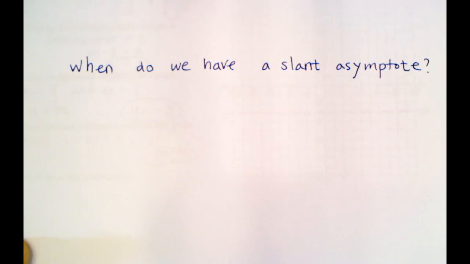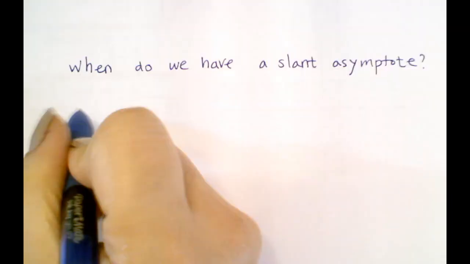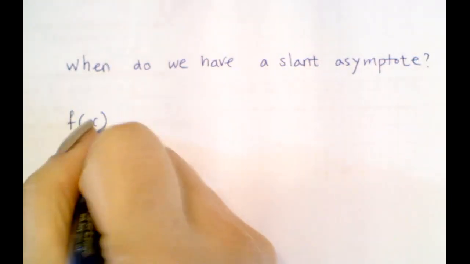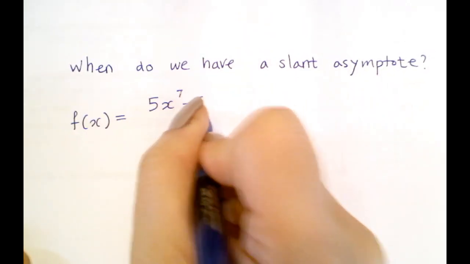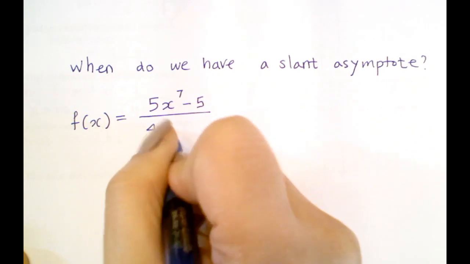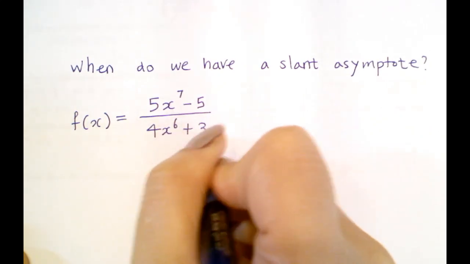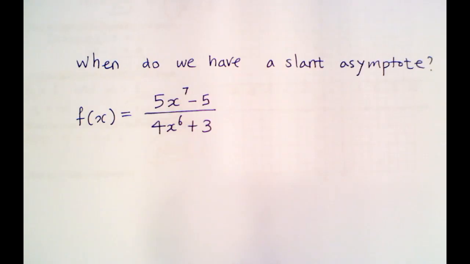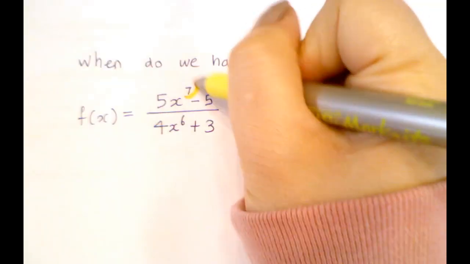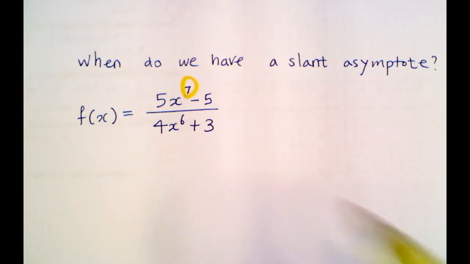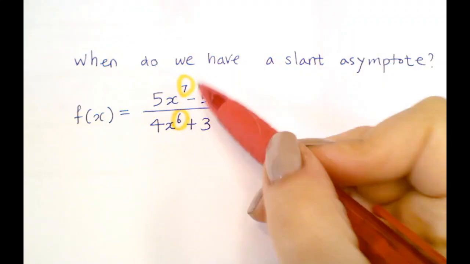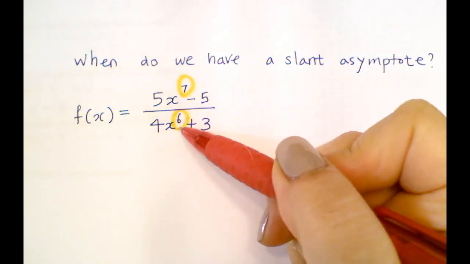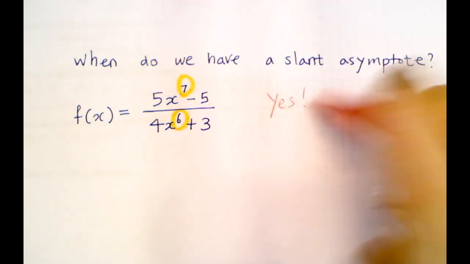All right, let me give you some examples. f of x equals something like 5x to the 7th power minus 5 divided by 4x to the 6th power plus 3. Oblique asymptote, we're going to have one. Let's take a look. What is the degree of the numerator? It's 7, right? What about the degree of the denominator? 6. Notice how 7 is exactly 1 bigger than 6. So yes, we're going to have one, okay?